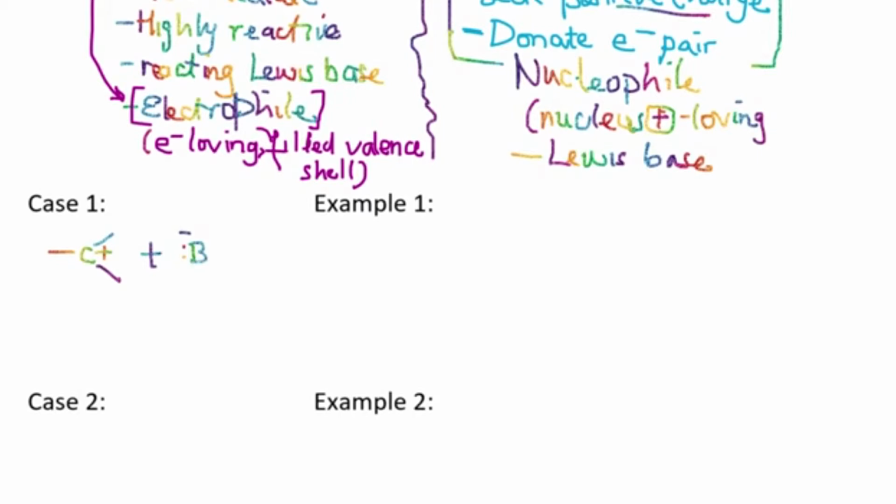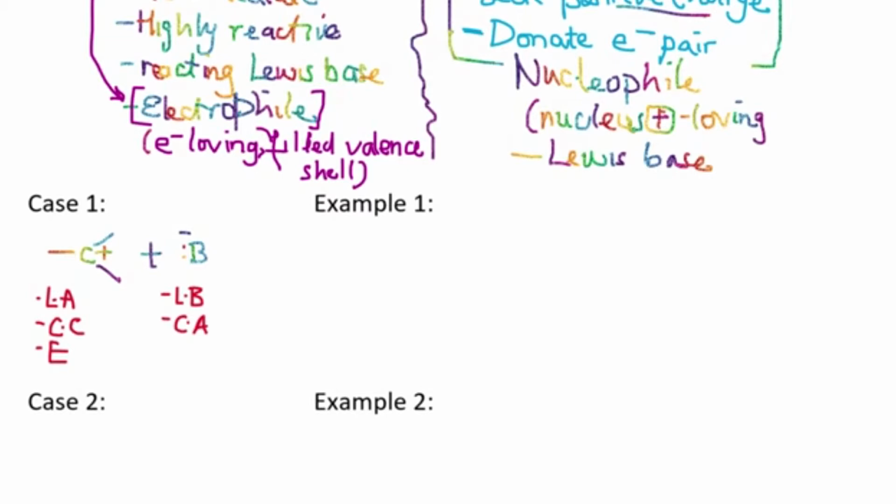What you notice here is that in this particular part we have this to be the Lewis acid, and it also has a carbocation. So in conclusion, this will act as an electrophile, and on the other side we have the electrophile reacting with a Lewis base which has a carbanion.